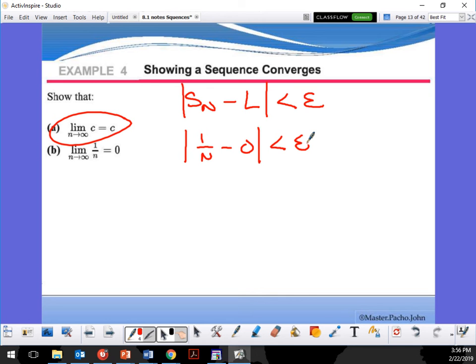Okay, so let's go ahead. I'm going to end up with the absolute value of 1 over n is less than epsilon.